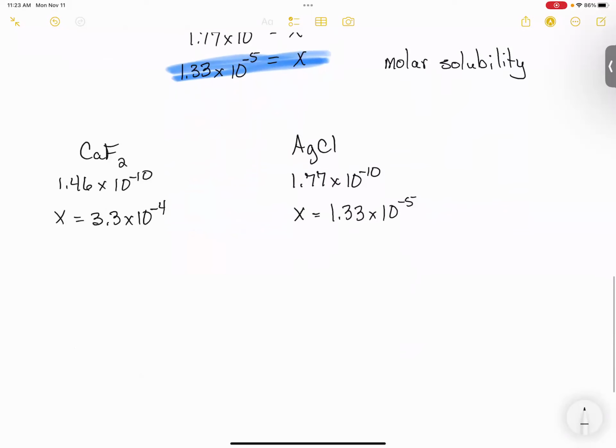What you will note is that calcium fluoride and silver chloride have similar equilibrium constants or solubility product constants.